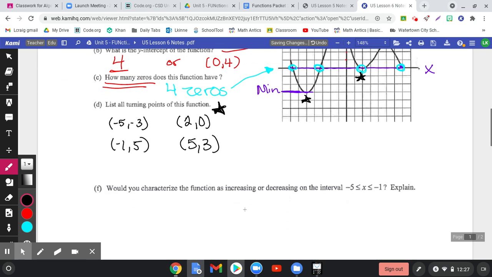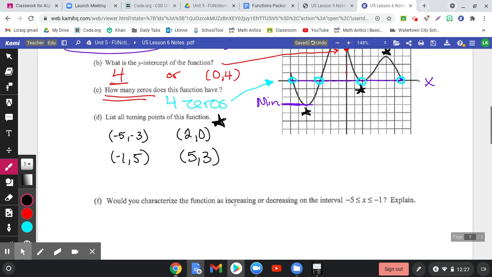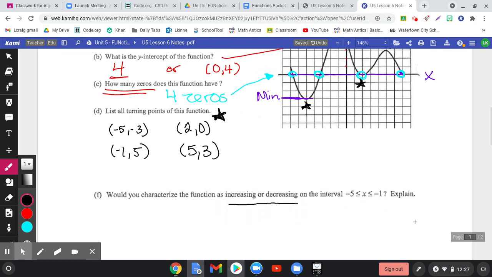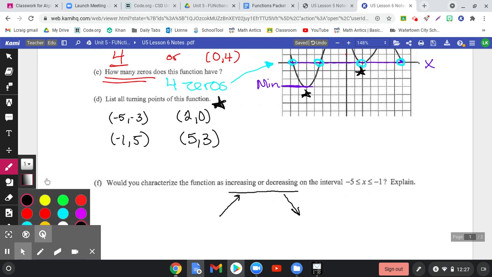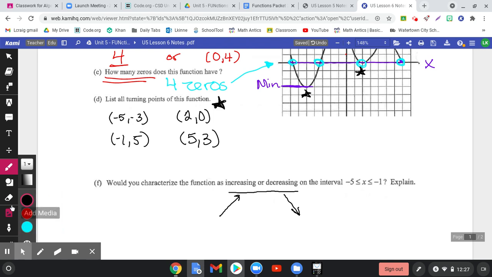Okay? Would you characterize the function as increasing or decreasing on the interval from -5 to -1 on our x's? Now, increasing, you're going to see it going up from left to right. Decreasing, you'll see it going down. So let's just zoom in on that part.